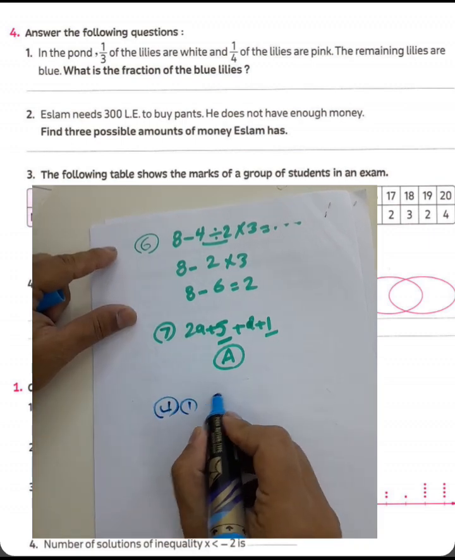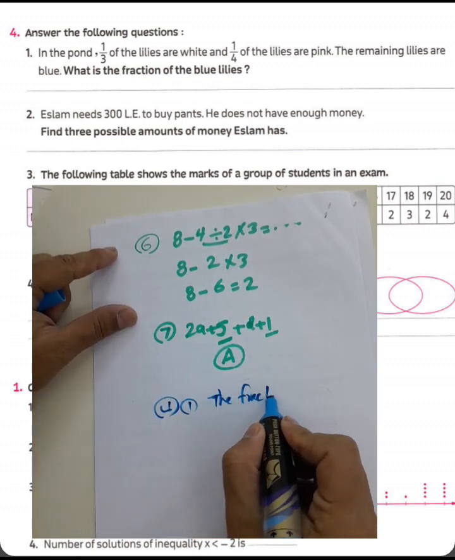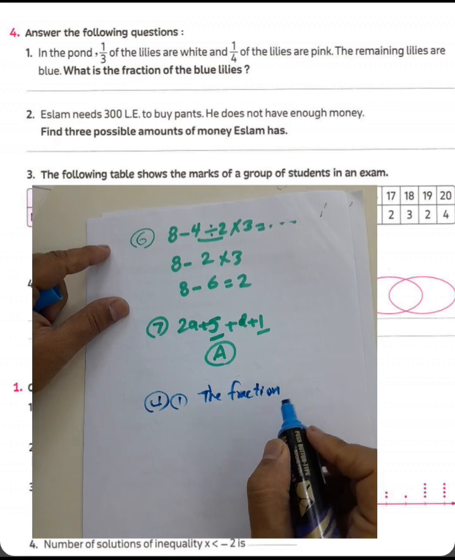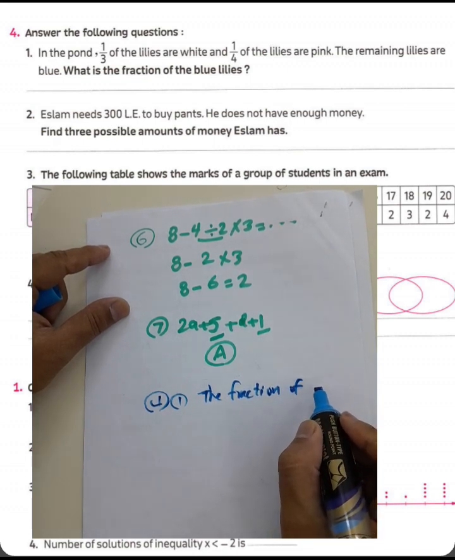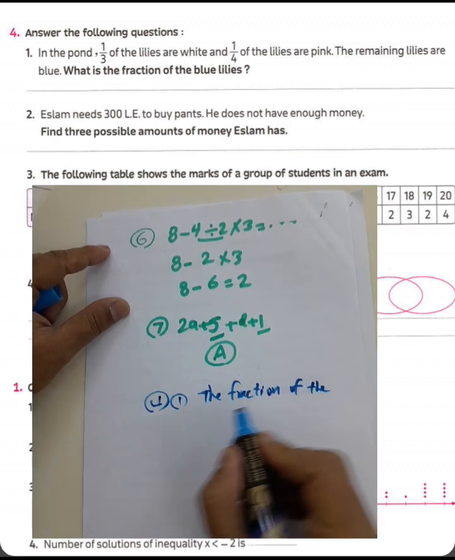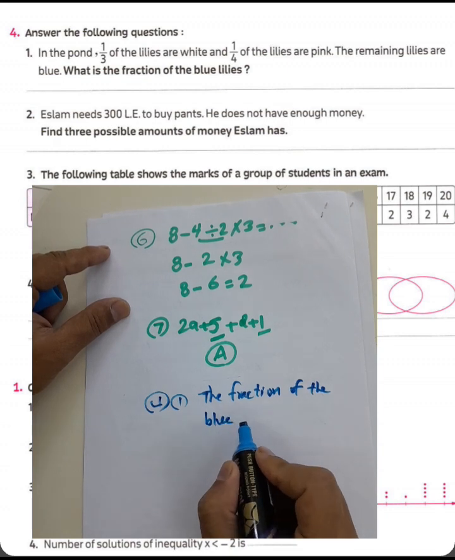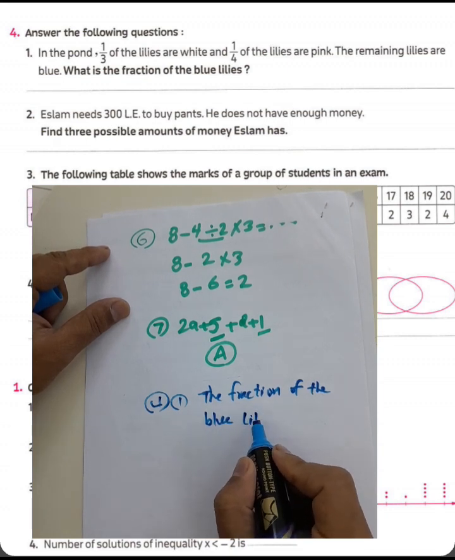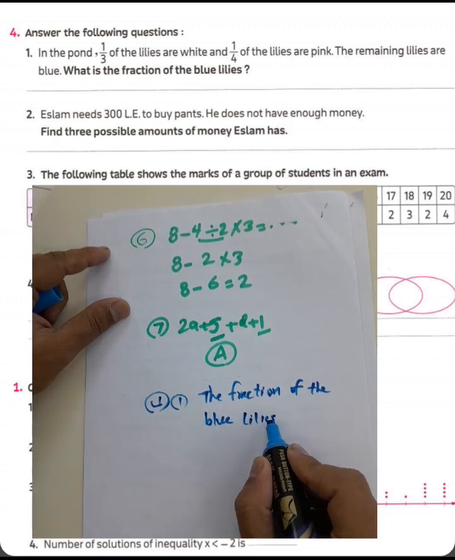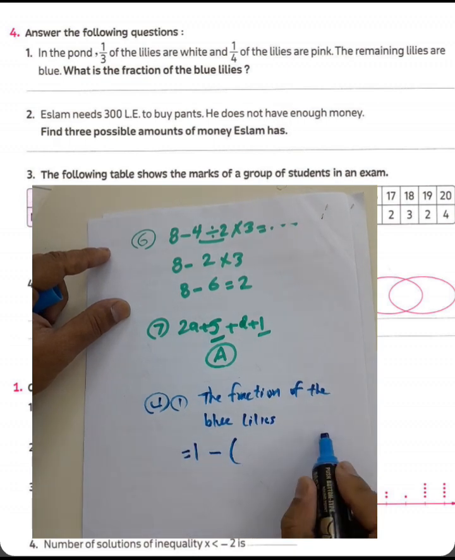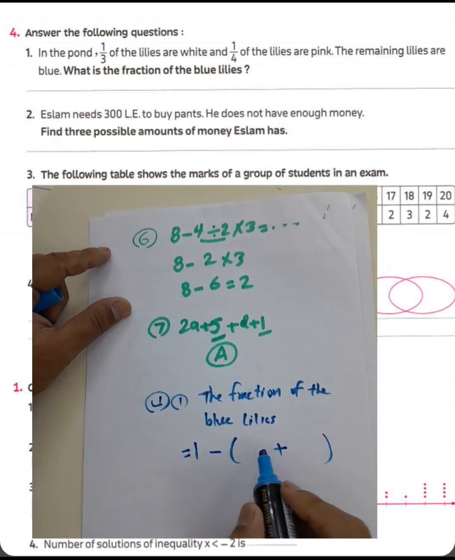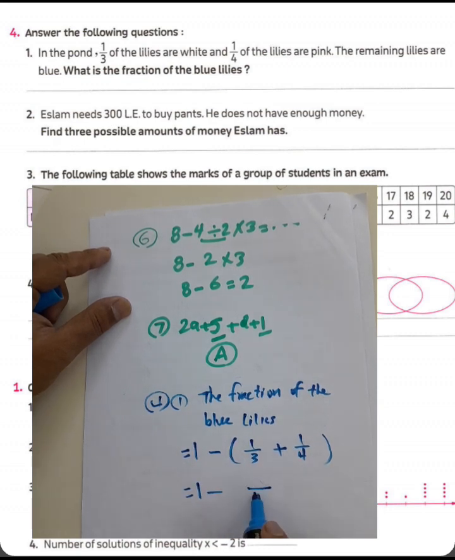Then the result, we can write the fraction of the blue tiles. Write 1, subtract the sum of the two fractions, a third and a fourth. Write 1 here, and a third or a fourth, write 12 in the denominator.